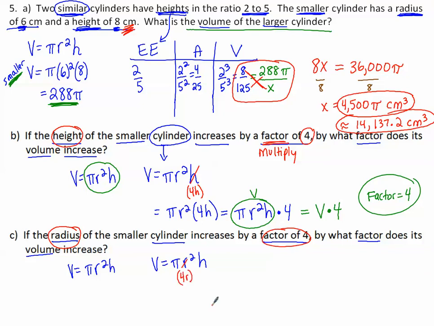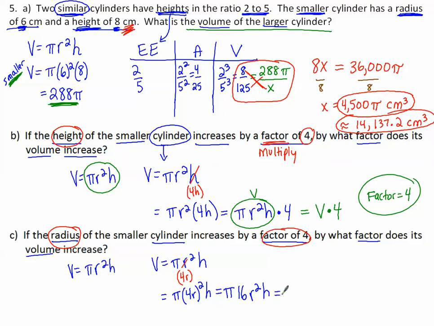Multiply the radius by 4. How does that change what our formula looks like? Pi 4r, that's the radius, that gets squared, times height. Let's simplify that a little bit, meaning remove the parentheses. So that's pi, 4 squared makes 16, r squared makes r squared, and I still have height.